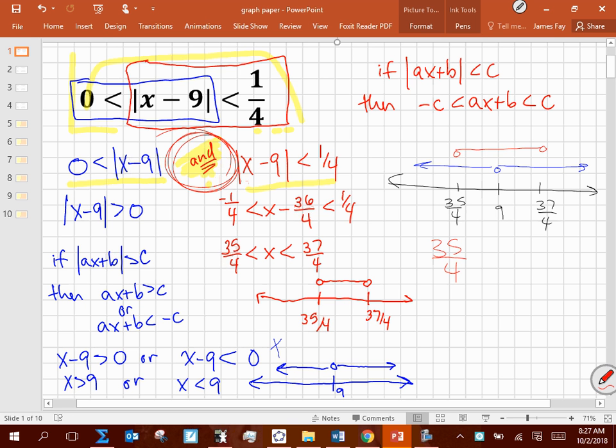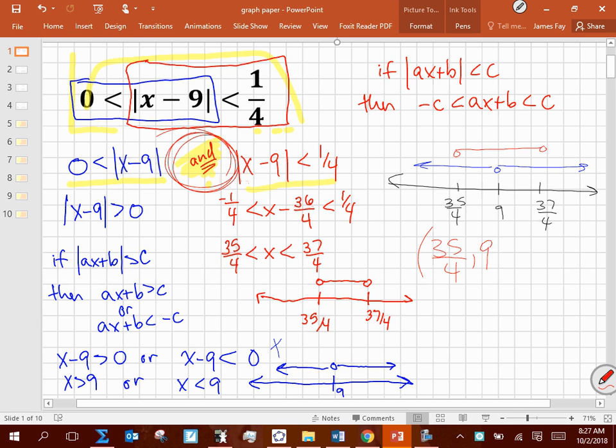Okay. Where is the next number that we've got to deal with in this overlap? 9. Okay. I have to indicate that 9 is actually a value that does not get included, right? They do not overlap at 9. Okay. So they start at 35 fourths. They don't overlap at 35 fourths, but they overlap at the number just to the right of 35 fourths.